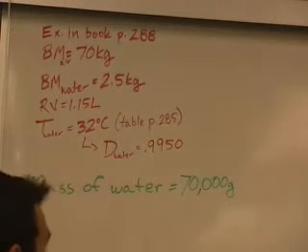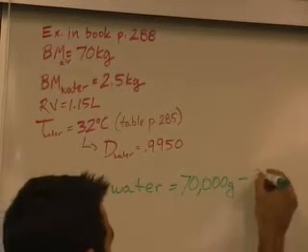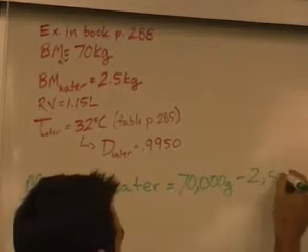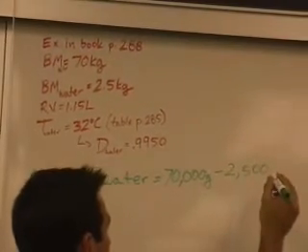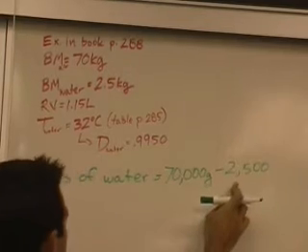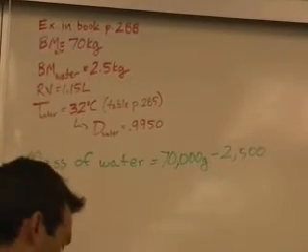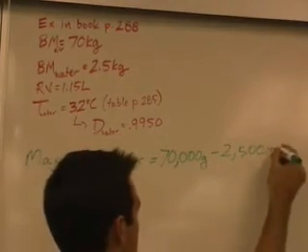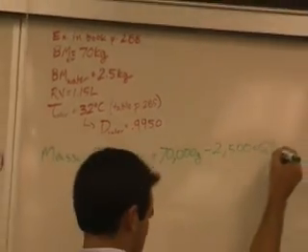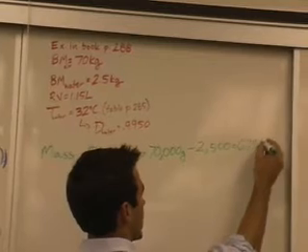So we have 70,000 grams minus the body mass in the water, which would be 2.5 kilograms times 1,000, so 2,500 grams, and that gives us 67,500 grams.